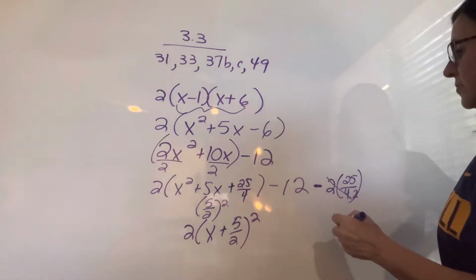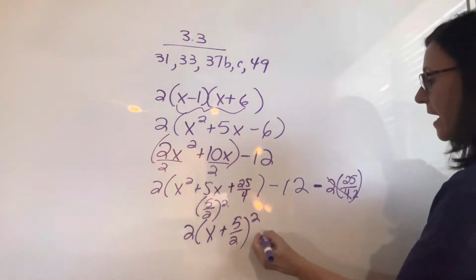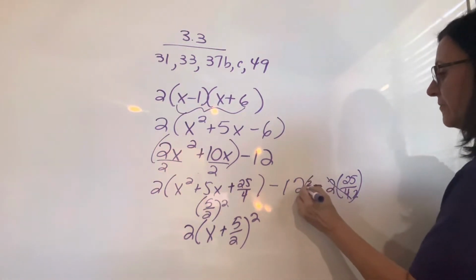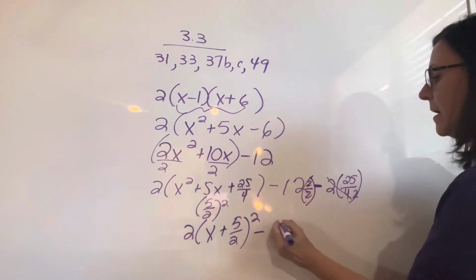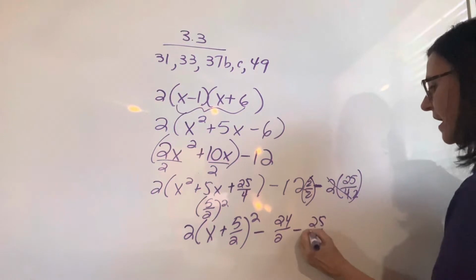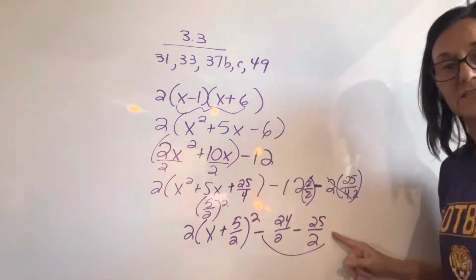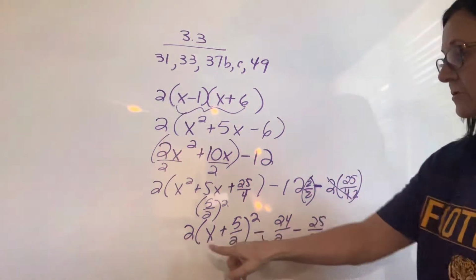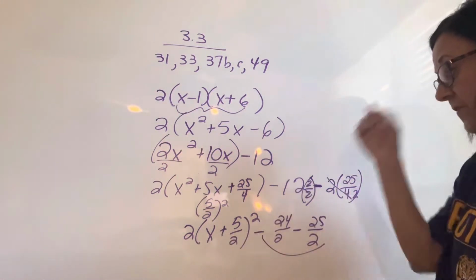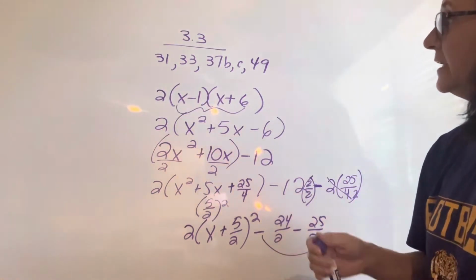All right, so if I take 25/2 and I'm going to make this 2/2, that's minus 24/2 minus 25/2. So this becomes minus 49/2. So it's 2 times, open parentheses, x plus 5/2 squared, minus 49/2. That's number 33.